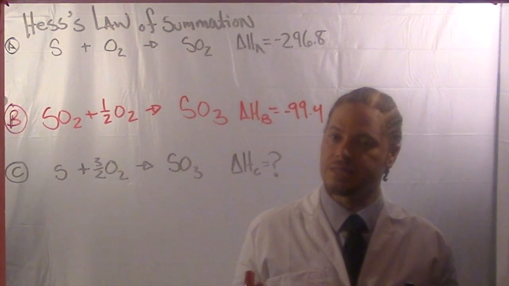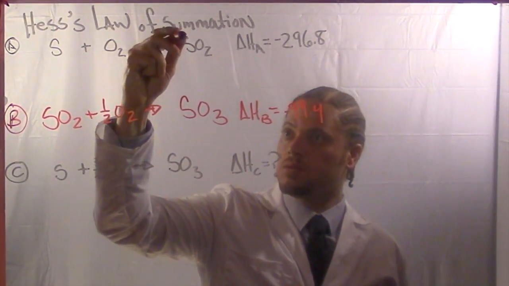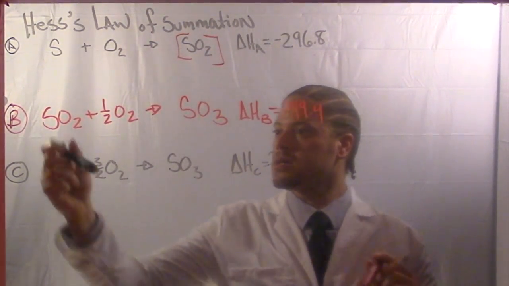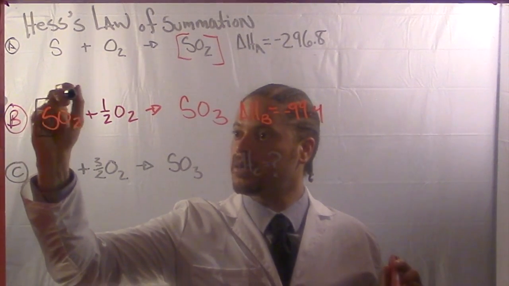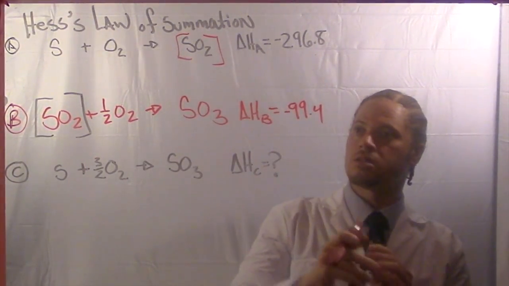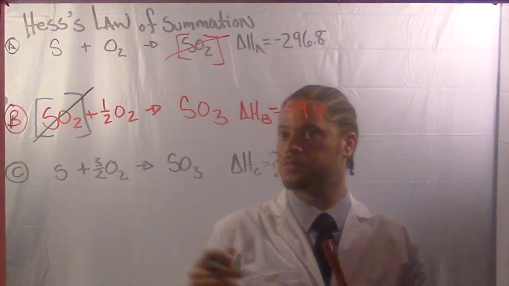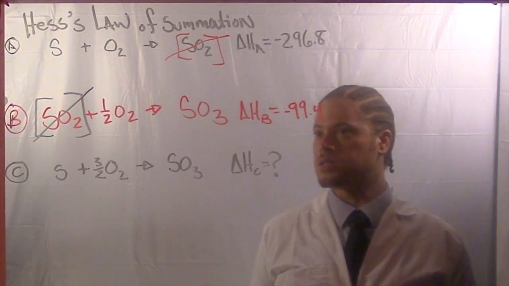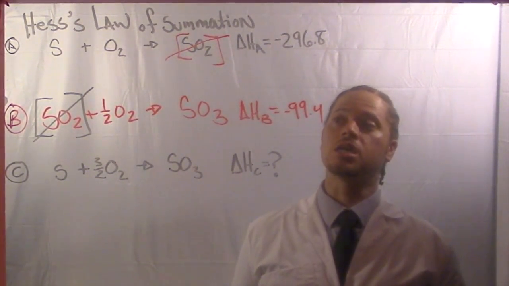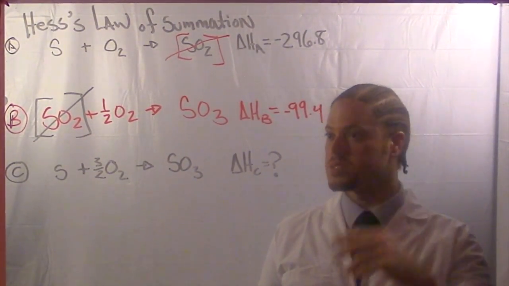So when you combine them, this essentially cancels out. This is reagents, this is products. Therefore, it cancels. Can we cancel anything else? No, not really. So now let's get on with the law of summation. Let's add them together.